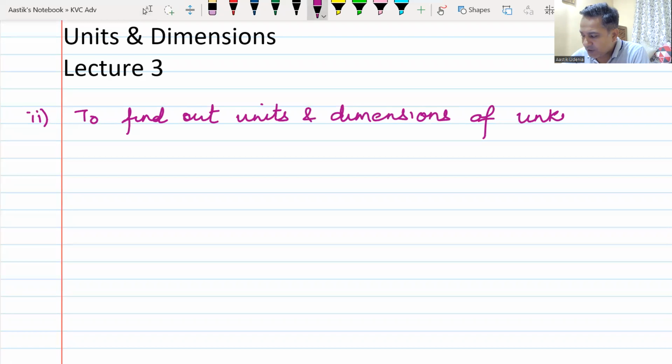If you have an equation and in that equation you have some unknown physical quantities, using dimension analysis we can find out their units and dimensions.